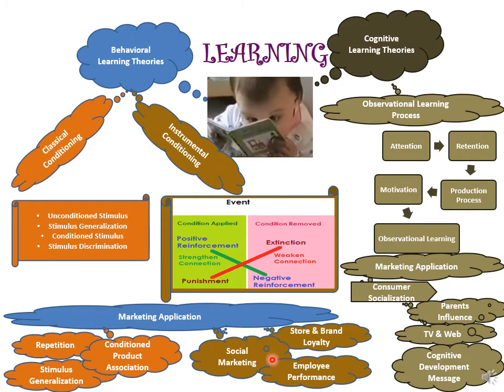As for instrumental conditioning, we could apply marketing in store and brand loyalty, where for example Sephora gives a loyalty card to their loyal customers, where they could get a reward after they have reached a certain number of points.